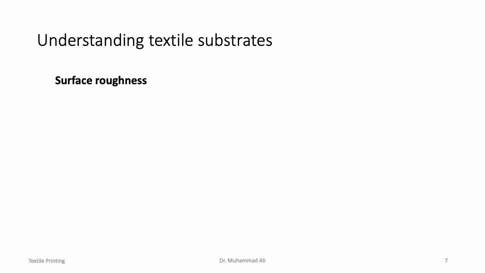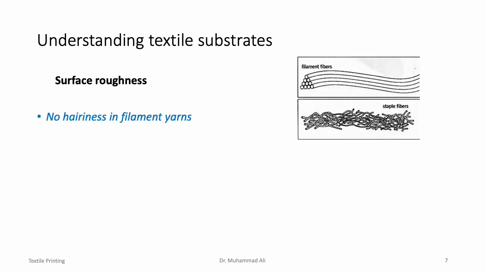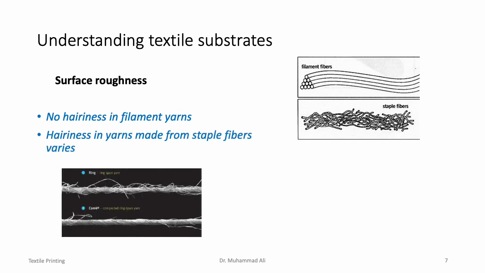Let's have a look at surface roughness of textile substrates in greater detail now. We know that yarns can be made from staple fibers or filaments, as you can see here in the image. We also know that in case of filament yarns, there is virtually no hairiness on the surface of the yarn. However, in case of staple yarns, there is generally a lot of hairiness on the yarn surface.